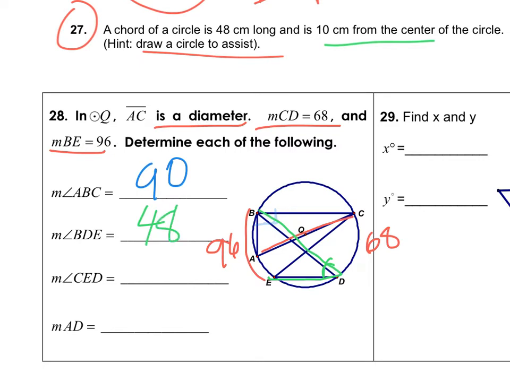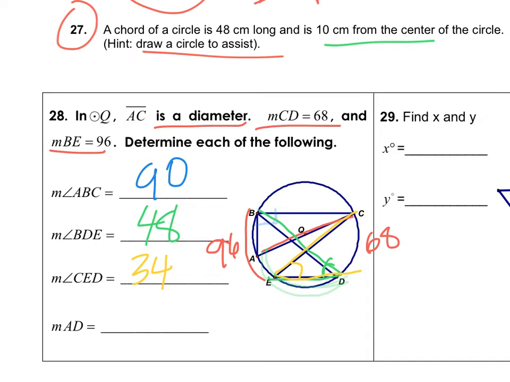And then they also ask us to look at angle CED. So CED is here. Then again, I see the 68 is the intercepted arc with that angle. So again, it's half of that. So we should have 34. And then they want us to find the measure of the arc AD, which is this piece here.